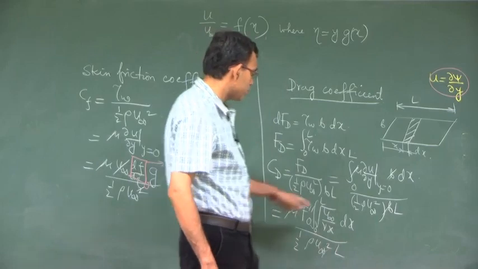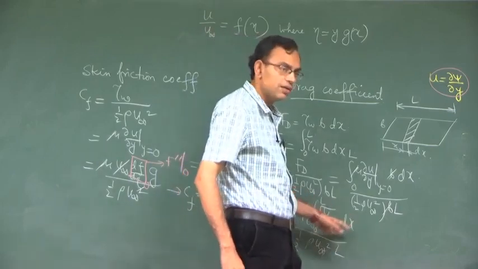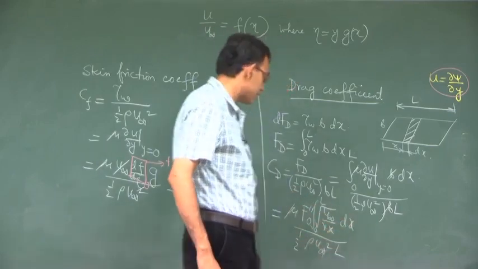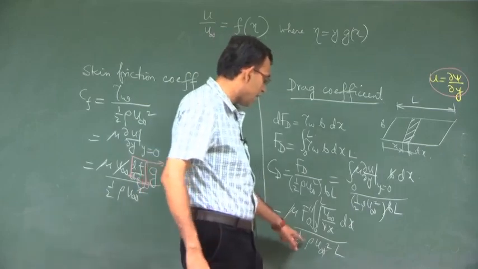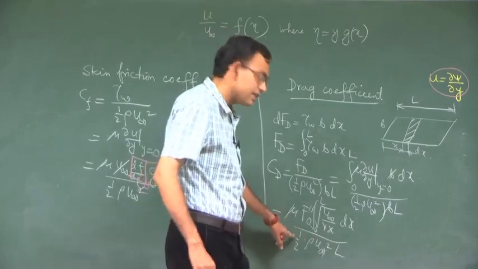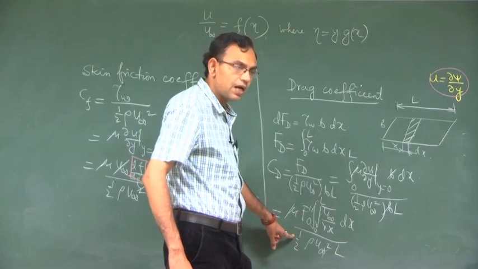So, this will be x to the power minus half plus 1 divided by minus half plus 1. So, another half will come.